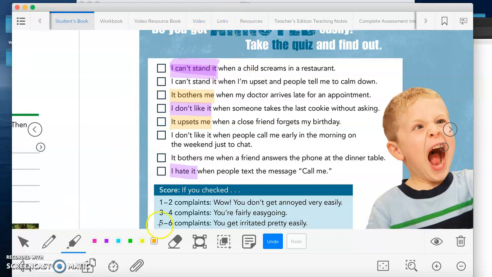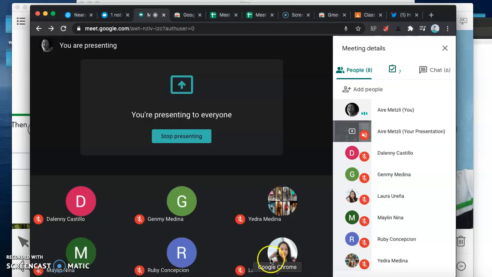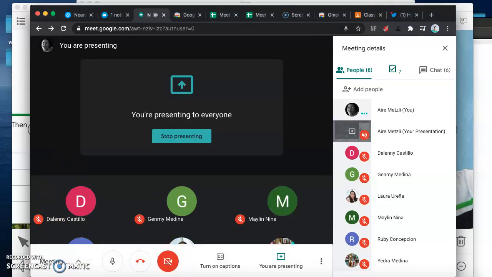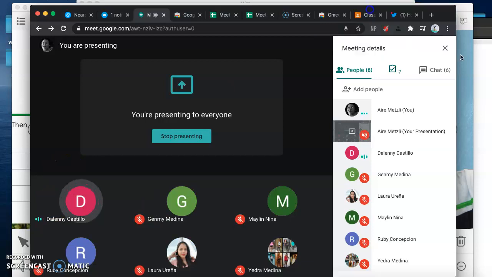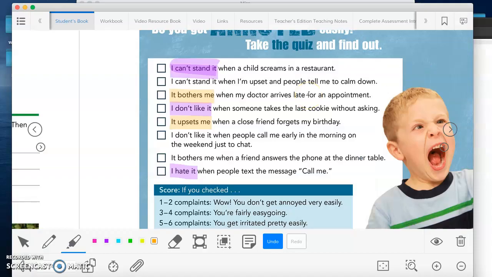So in this exercise, again, do you guys see any clauses with when? Where do you see it?